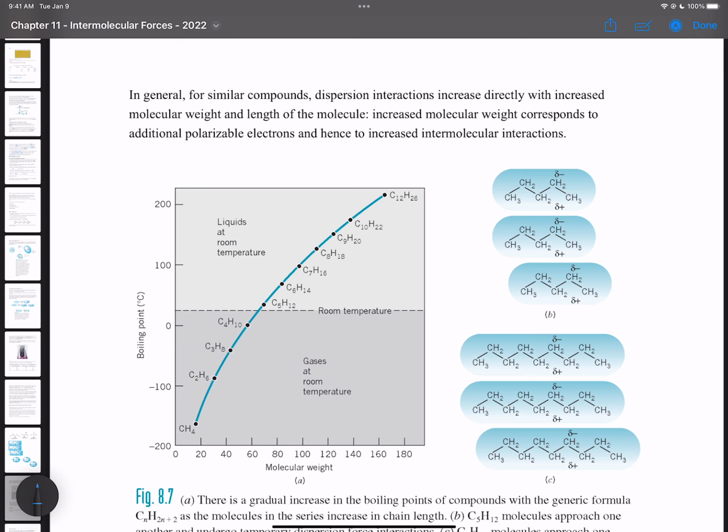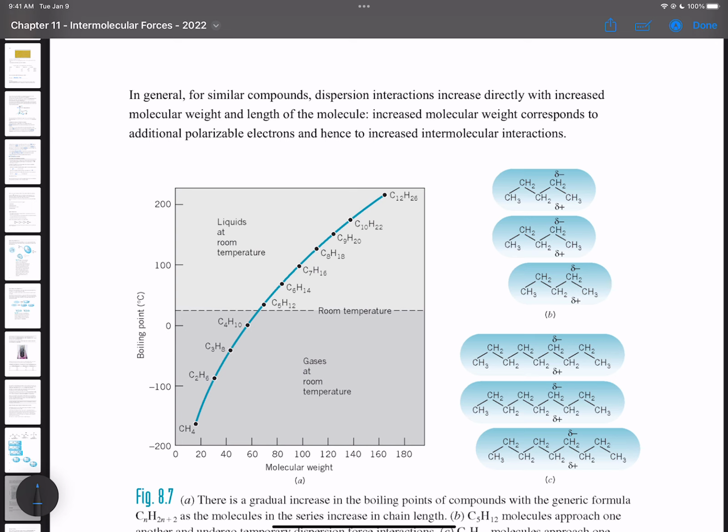All right. So where we left off, we talked about the intermolecular forces, or dipole-induced dipole, for some isomers of pentane.